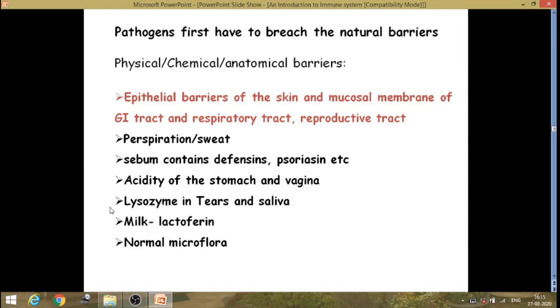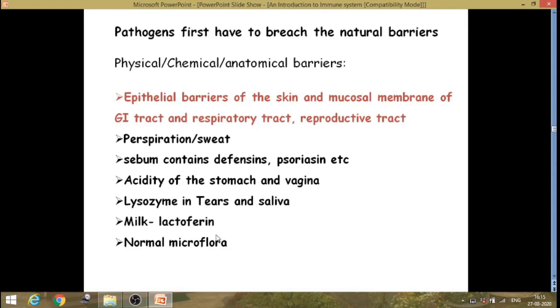Then we have lysozymes, and you all know that lysozymes are present in tears and saliva. Lysozymes are antimicrobial, antibacterial compounds. And then we have lactoferrin, which is present in breast milk.